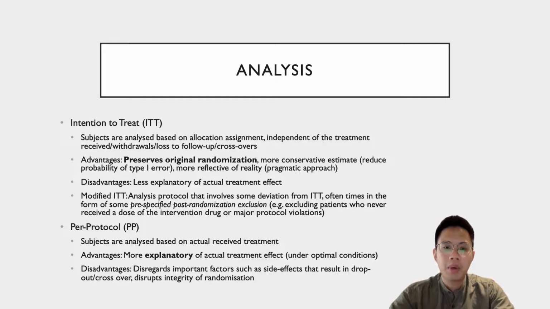But because of the important factors of preserving the original randomization and the ITT approach being more reflective of reality, in most instances, we will want to see an intention to treat analysis being performed.